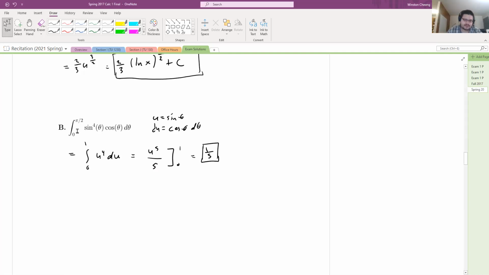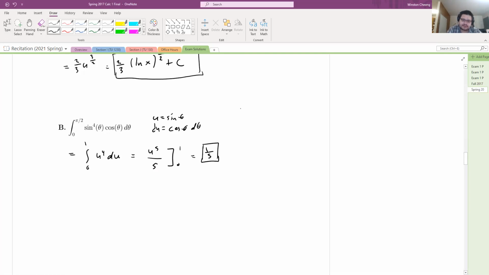It's because these limits apply in the world involving theta. So these are corresponding to theta equals 0 and theta equals pi over 2. So when we want to convert the whole integral over to being represented in terms of u, what we need to do is convert those limits over.